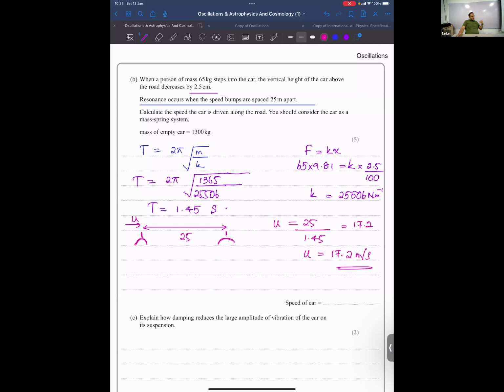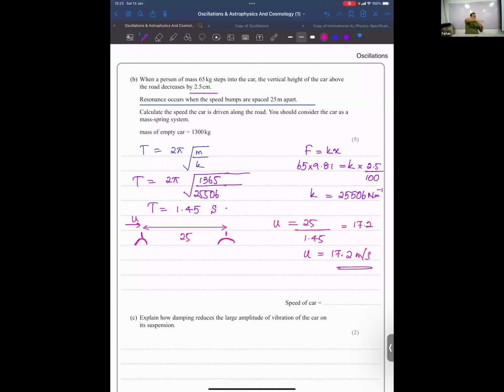Okay, the time taken between the two speed bumps should be equal to the time period of the spring system. Then only the driving frequency, which is the frequency given by the speed, will be equal to the natural frequency of the spring.